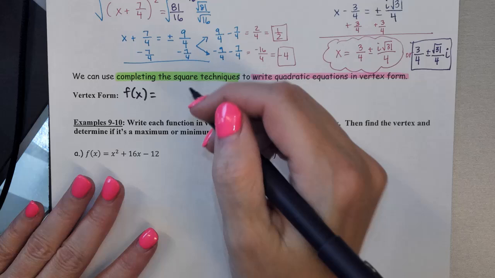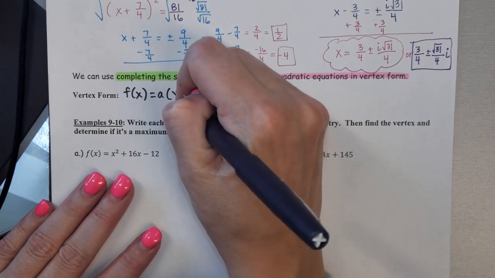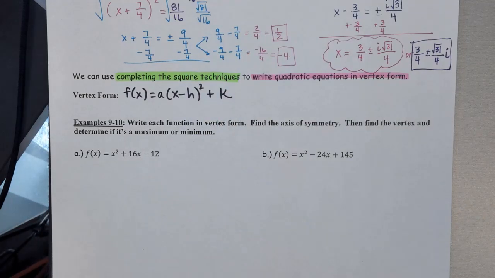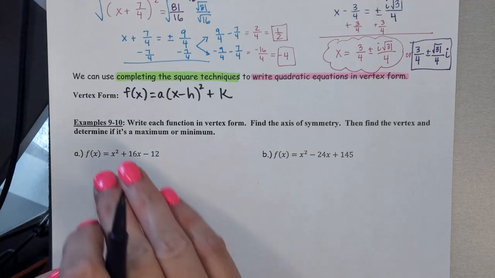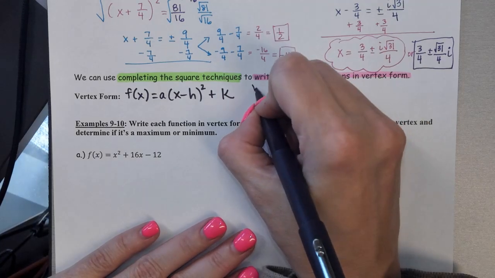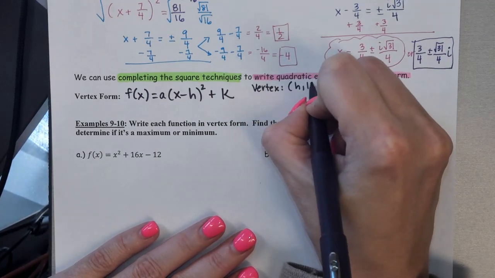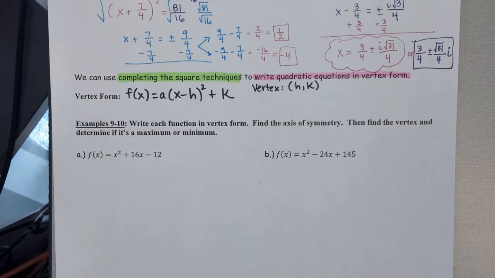It's f of x equals a times the quantity x minus h squared plus k. We saw that in chapter 1 when we had to write equations based on a graph. Remember that in this form, the vertex is h, k. So h is the x coordinate, k is the y coordinate.